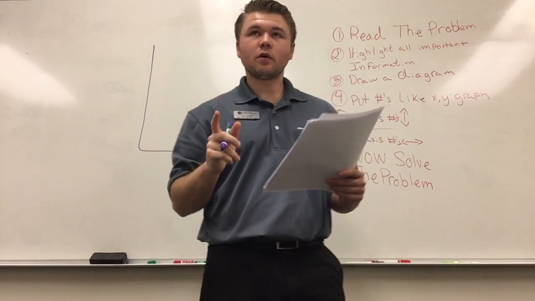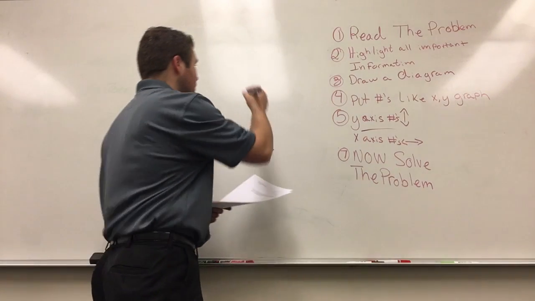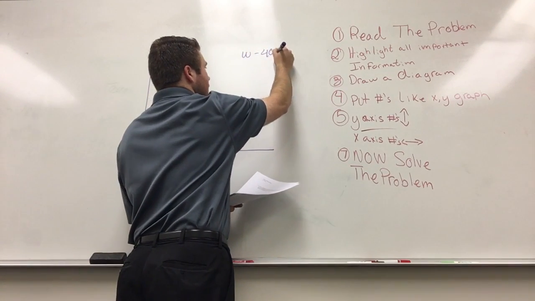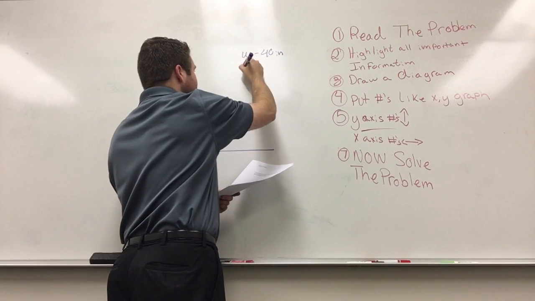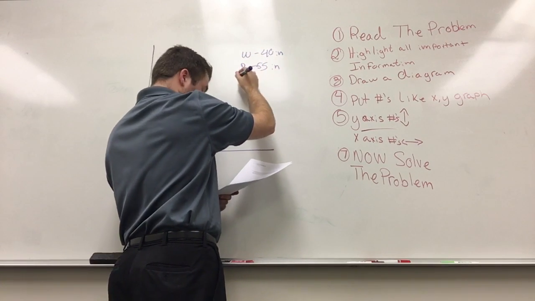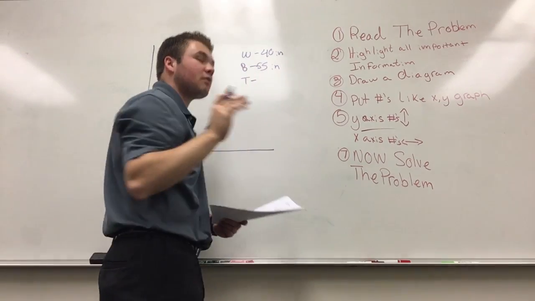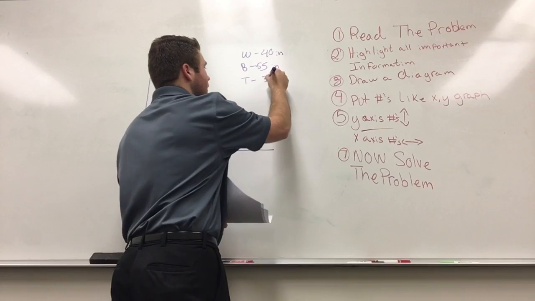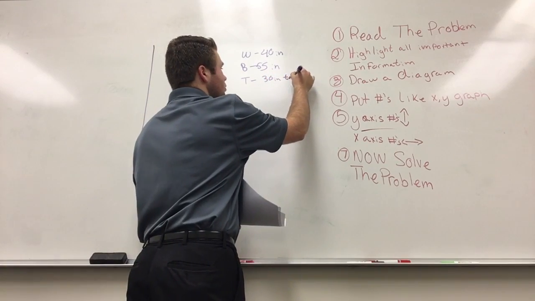So how tall is Tony? So what's our important information? So Wade is 40 inches. Brian is 55 inches. But Tony, they don't tell Tony's height, right? It only says 30 inches taller. So 30 inches taller is what we'll put.